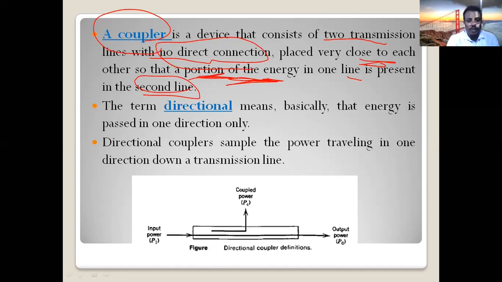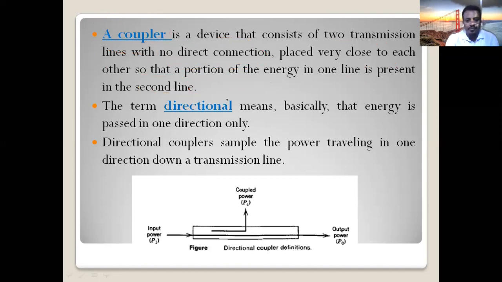Okay, why do we call it directional? It means the coupled energy must pass only in one direction. If the coupled signal transmits in the opposite direction, it's wrong.